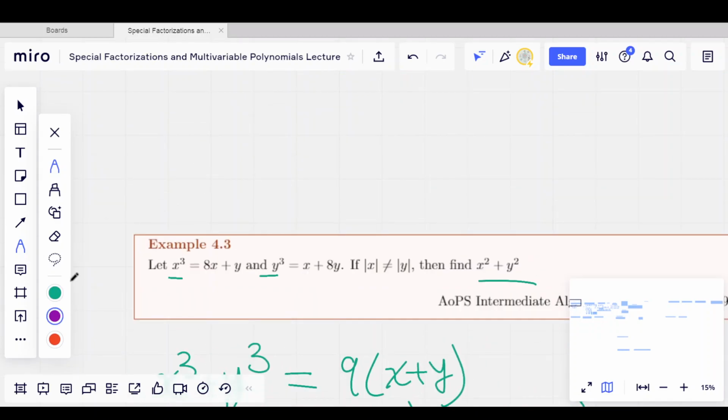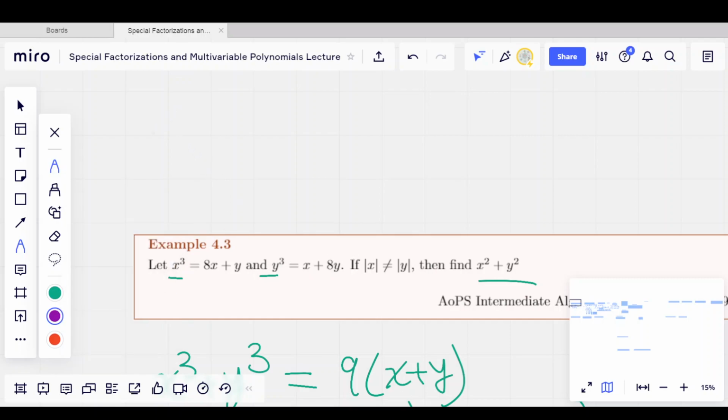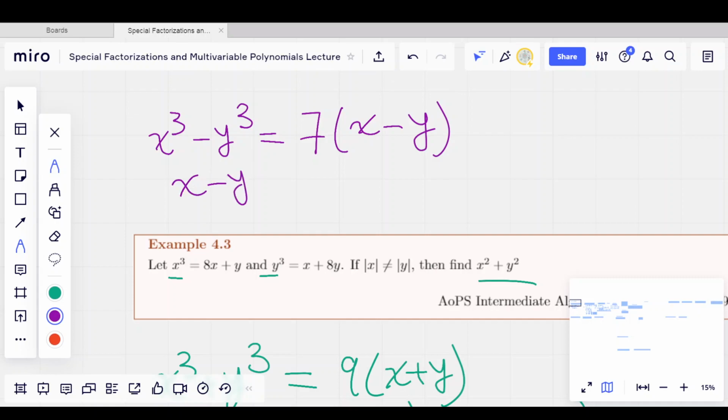So subtracting the second from the first will give x cubed minus y cubed is equal to 8x minus x, so it's just 7x, and then y minus 8y is just negative 7y, so it's just 7 times x minus y. Again, if you don't see this, you can just write it out.